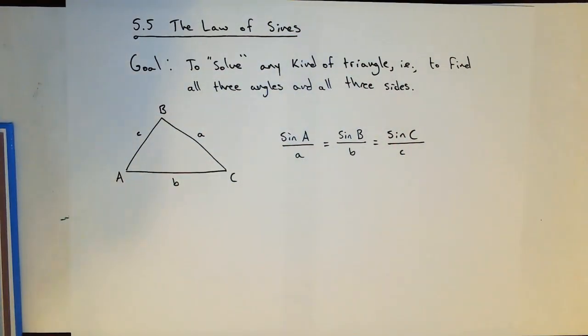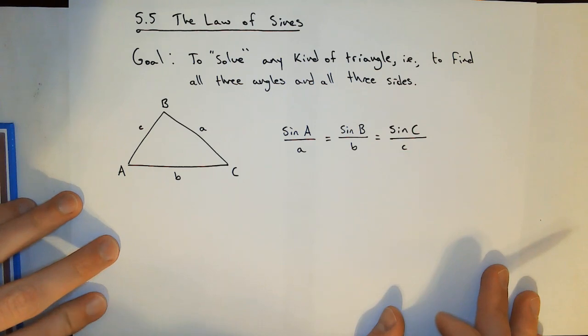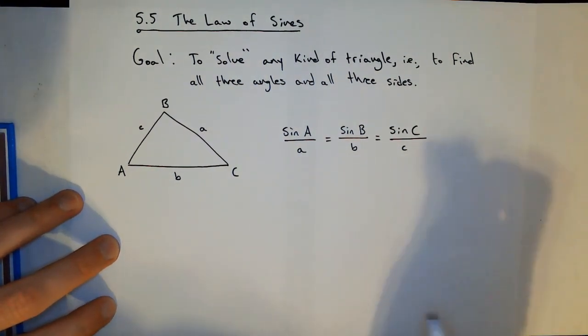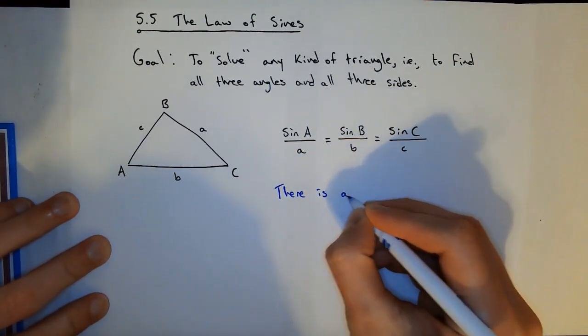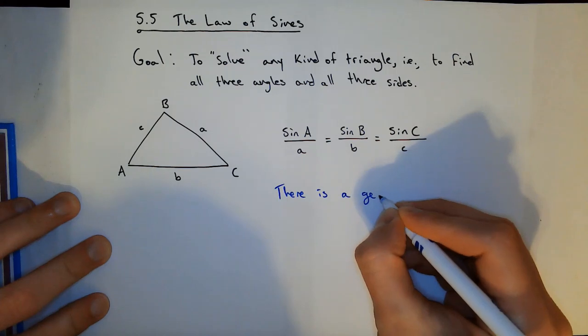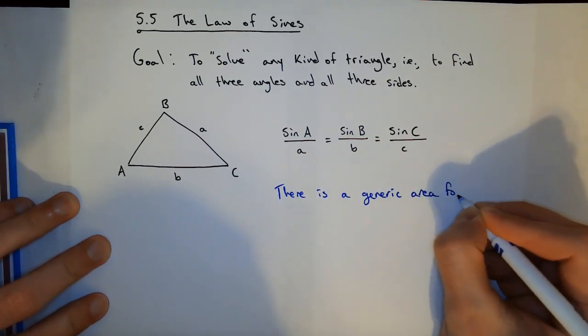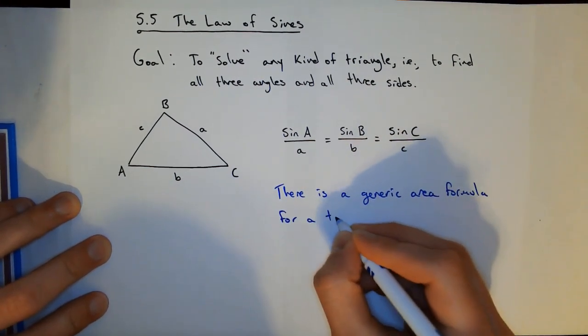As far as a proof of this goes, I'm not going to ask you to know the proof, but just because it's quick and it uses a fact that you may not know, there is a generic area formula for a triangle.